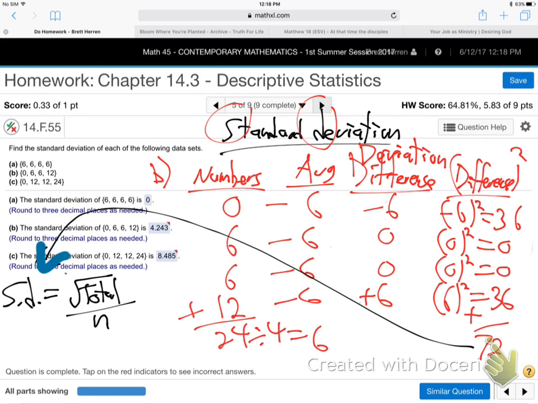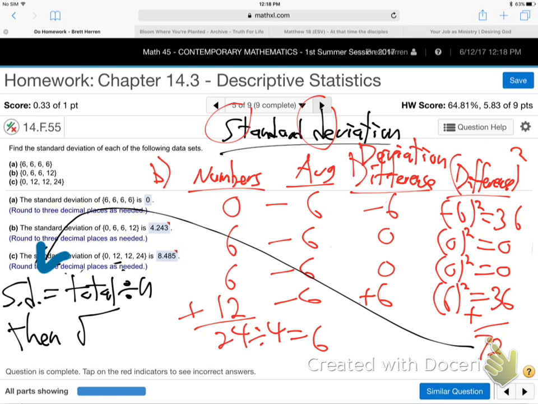Wait, no, is that right? And then we square root afterwards? Oh, yeah, sorry. I'm not being very clear. It's the square root of the total divided by n. So you divide by the n first. Maybe best if I just wrote words. Take the total, divide by n, then square root.